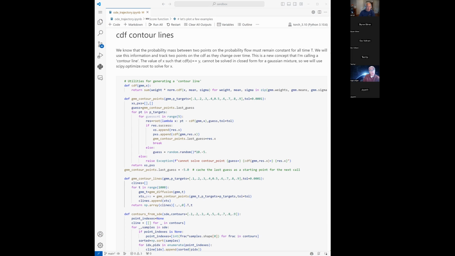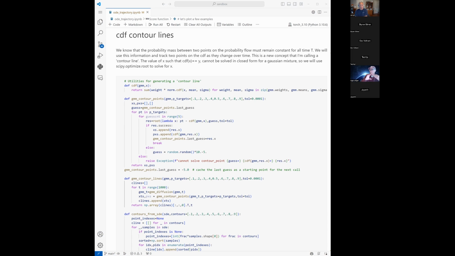What I did here is I'm calling these contour lines. Basically, I convert the PDFs to CDFs. And once I have a CDF, I can solve for a point in the probability. The CDF will go from 0 to 1.